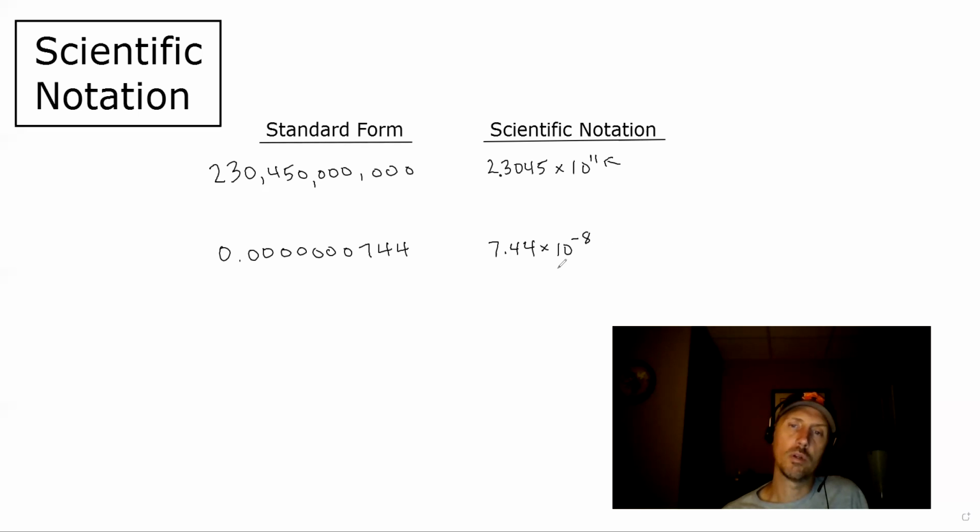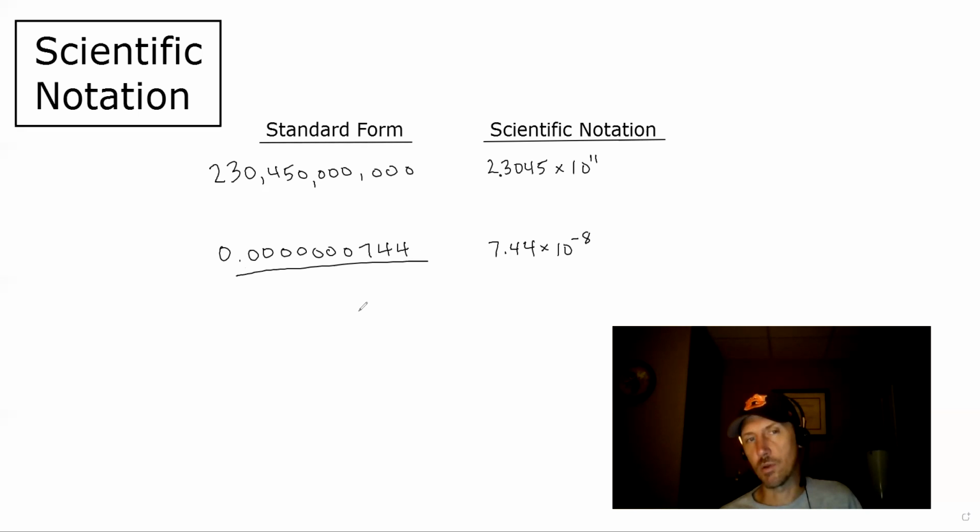Something else to note regarding those values: if the exponent is positive, like it is here with the 11, then the number in standard form will always be bigger than 1. If, however, it is a negative exponent, like it is here with the -8, then the number is going to be less than 1.